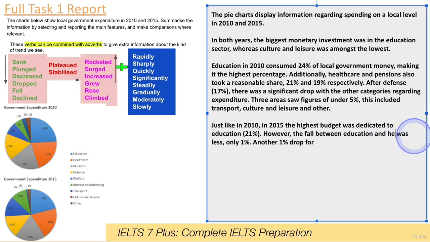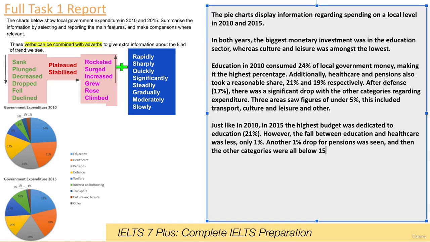Really important to double check. Another 1% drop for pensions was seen. And then the other categories were all below 15%. There we go.